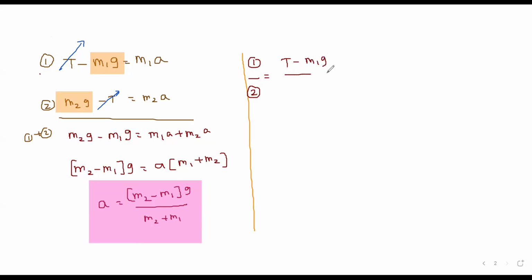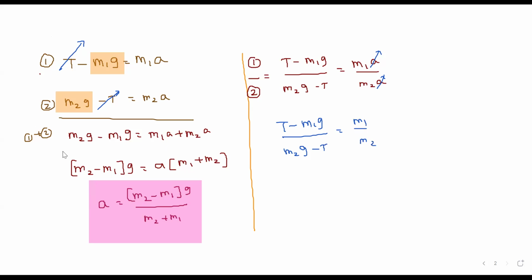So T minus M1G by M2G minus T equals M1A by M2A. இதுல A cancel ஆயிடும். So T minus M1G by M2G minus T equals M1 by M2.